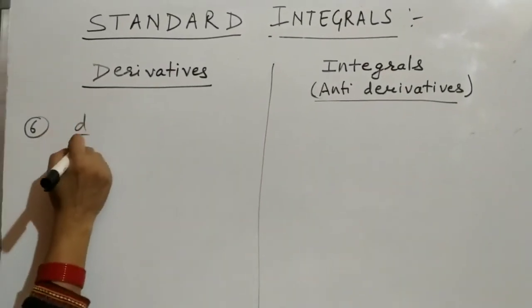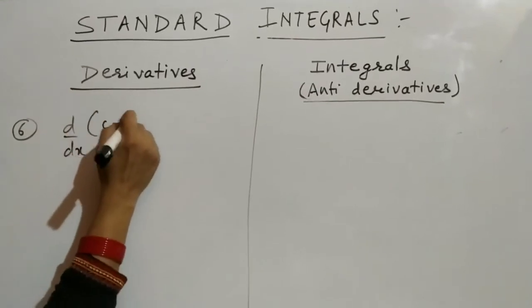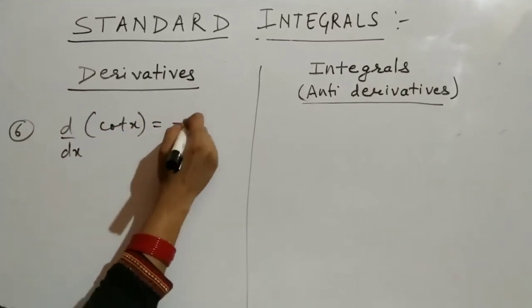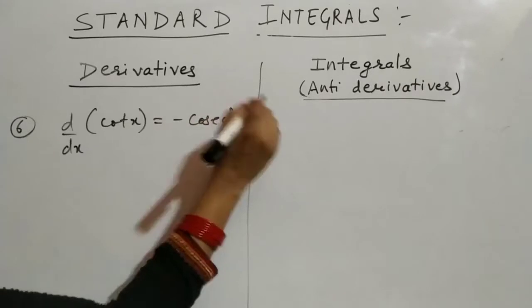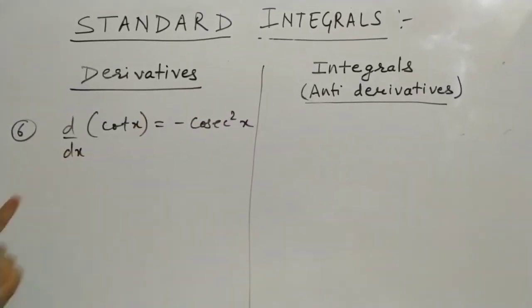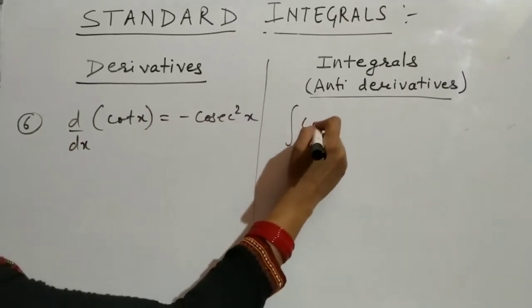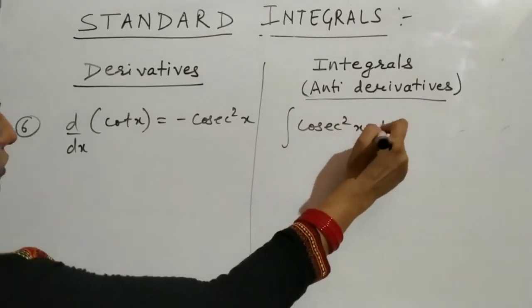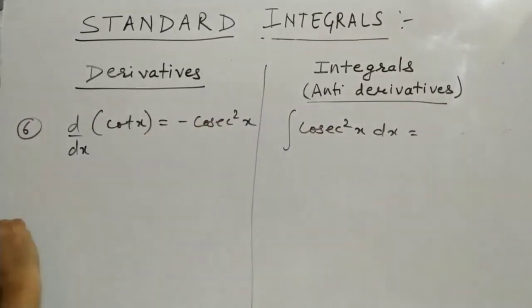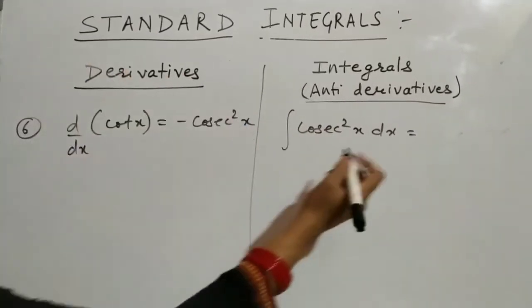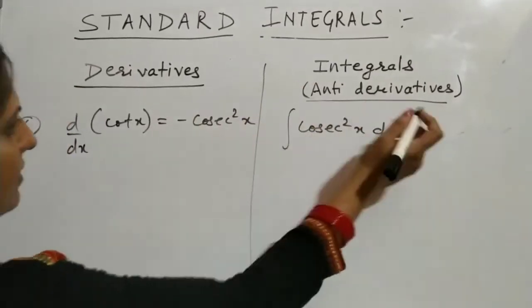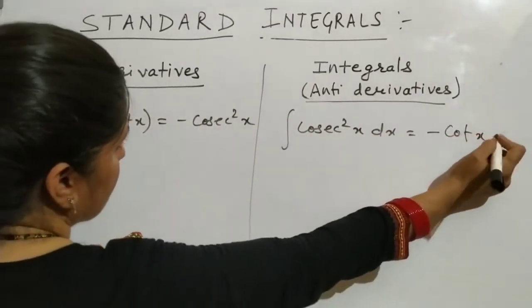Now we know that derivative of cot x is equal to minus cosecant square x. That implies integration of cosecant square x is equal to minus cot x plus c.